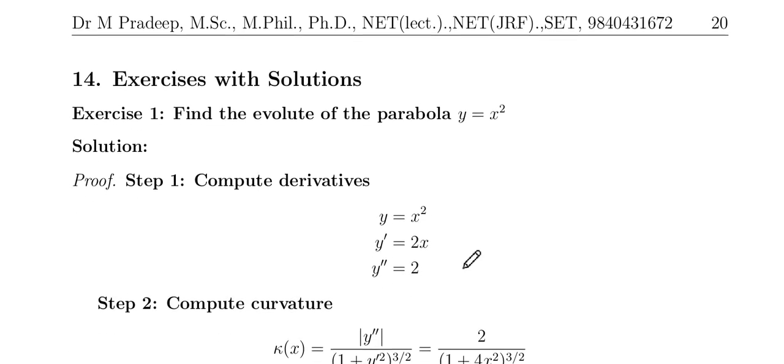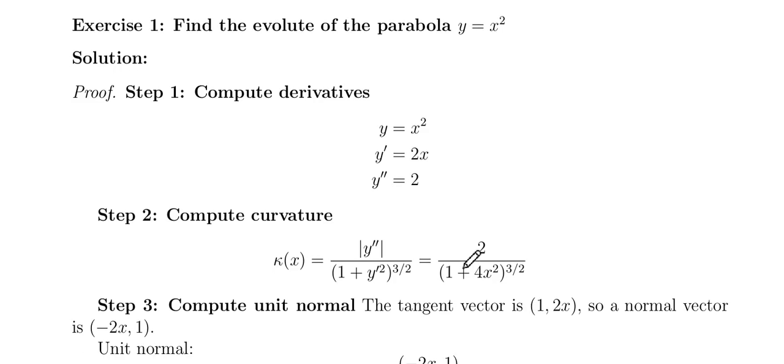So find the evolute of the parabola, using the formula. With y equal to x square, y dash equal to 2x, y double dash equal to 2. The curvature formula is mod of y double dash divided by 1 plus y dash square whole power 3 by 2.